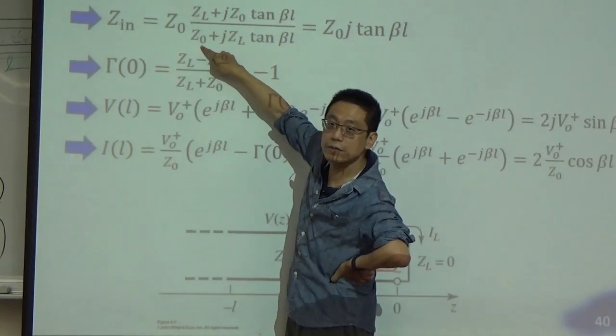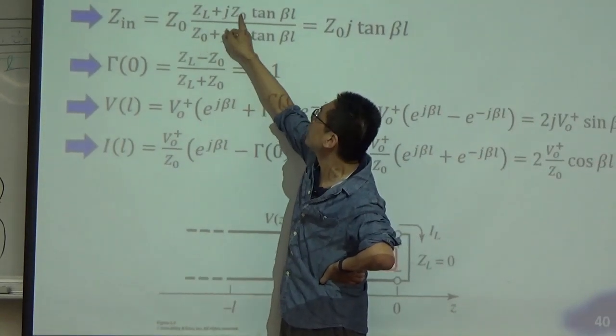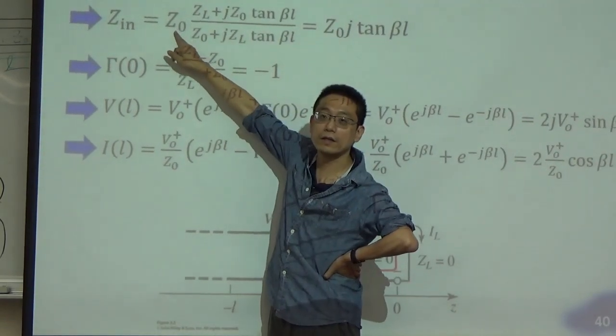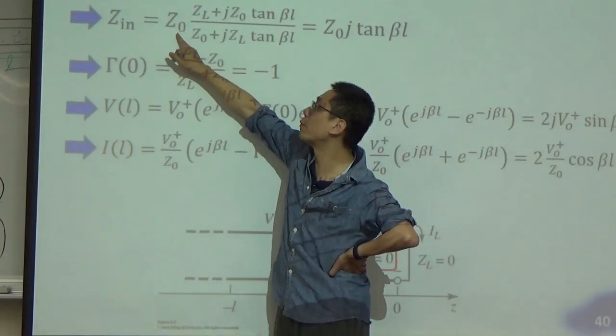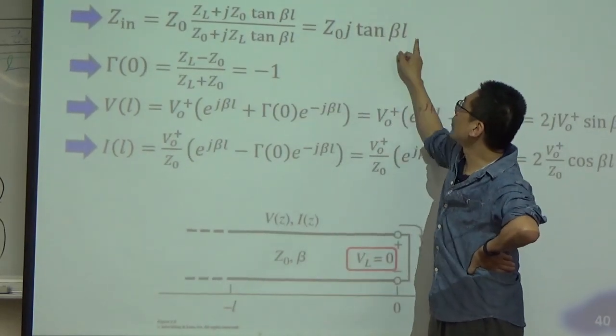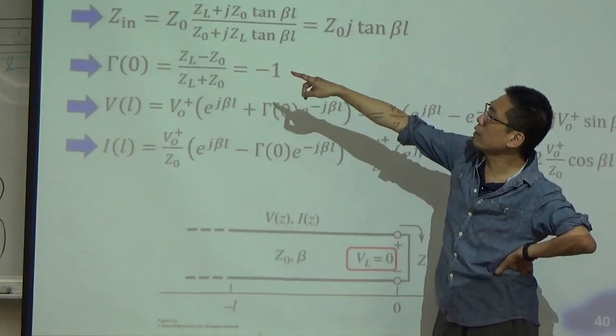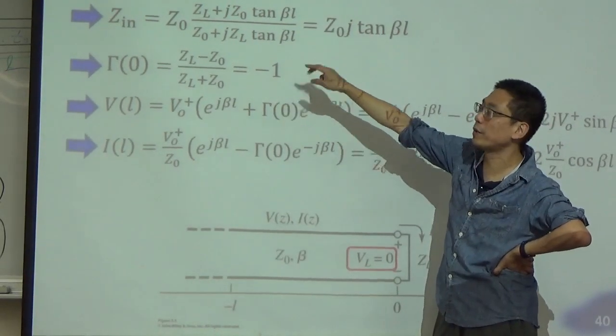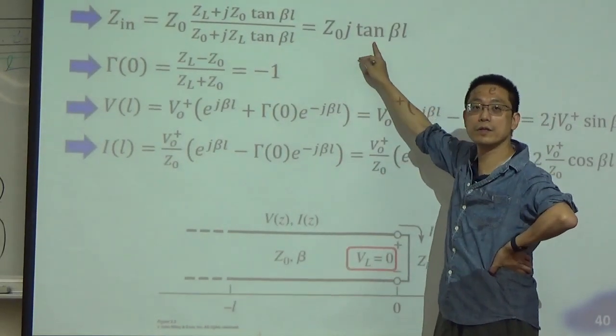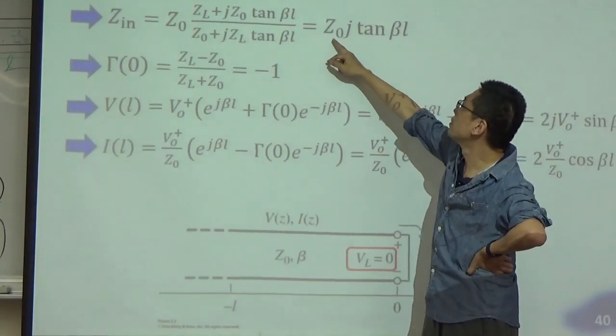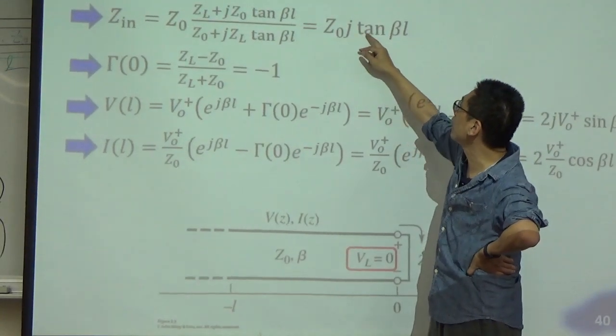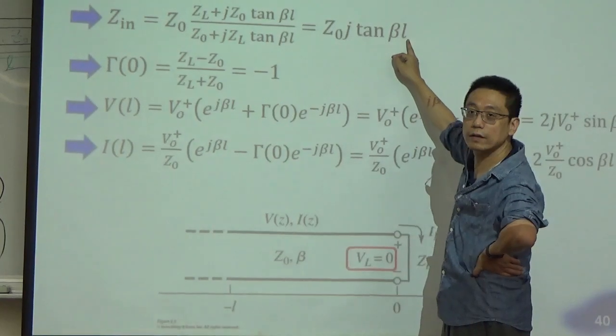Z0 and Z0 cancel each other out and leave another 0. You have only one 0 left. So your input impedance equation becomes this simple form. It is Z0 multiplied by j tangent beta L. Okay?